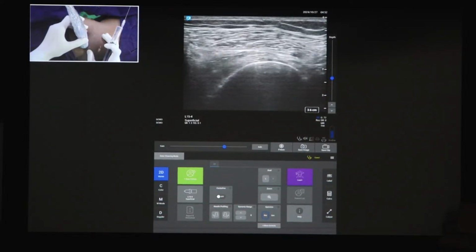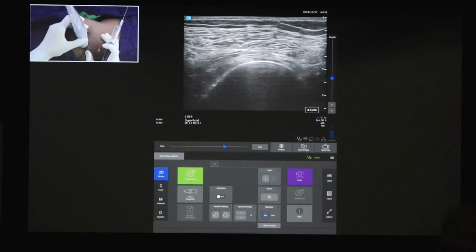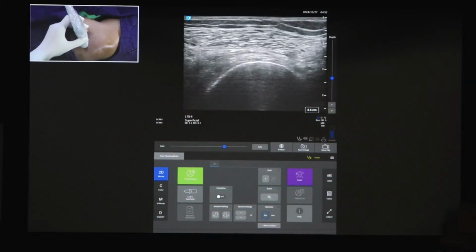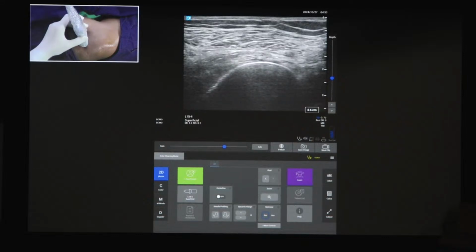So I'll try to go as much as parallel to the nerve. Small injection. So I'm using the spinal needle so that I'll give the local anesthesia till the periosteum.